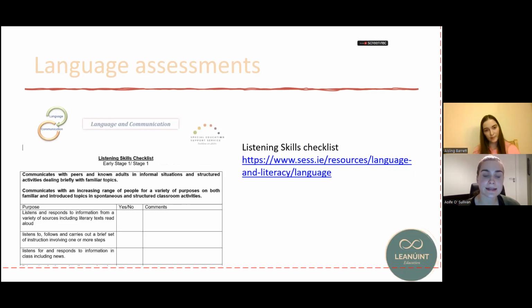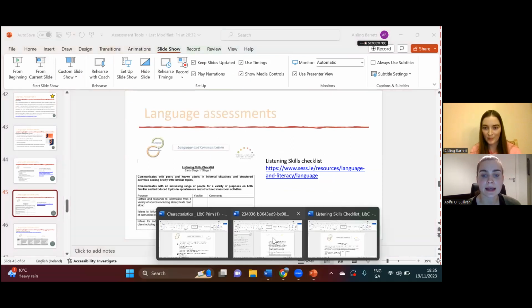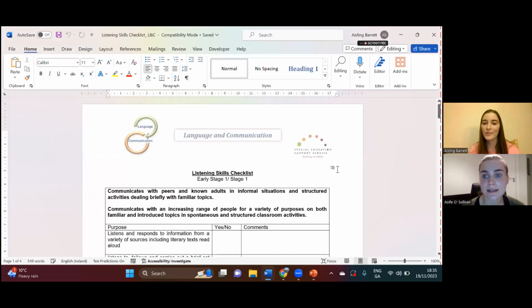This here is a listening skills checklist, and Aisling is going to open up this one because we find it particularly useful for identifying the listening skills that are associated with a variety of stages.